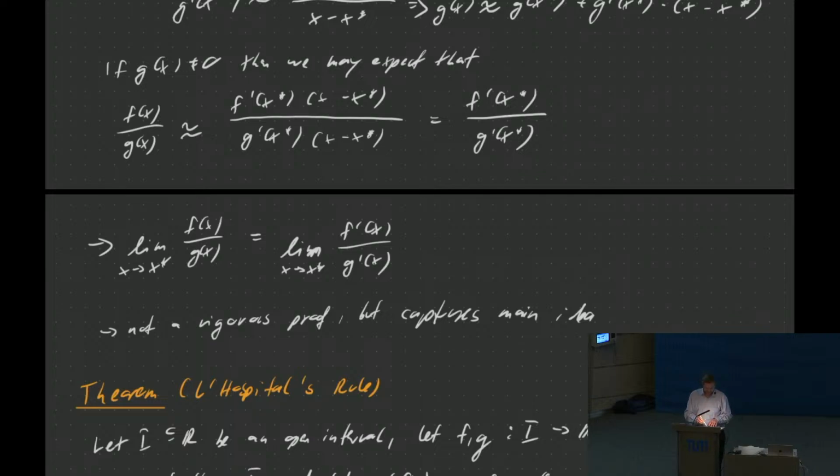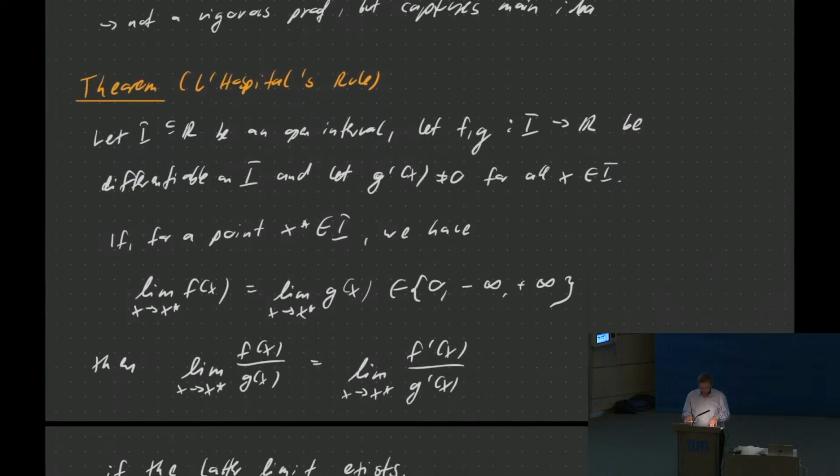So it makes sense to conjecture this behavior here. The limit here is equal to the limit of the fraction of the derivatives. Of course, this is anything but a rigorous proof, but it gives you an idea of where that comes from. It's the idea of replacing the functions by their tangents, and then you get this law that's known as L'Hopital's rule.